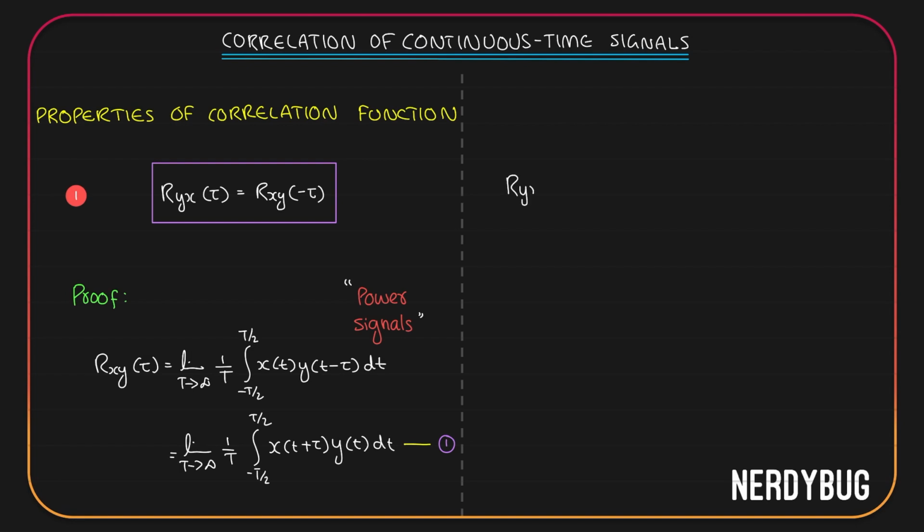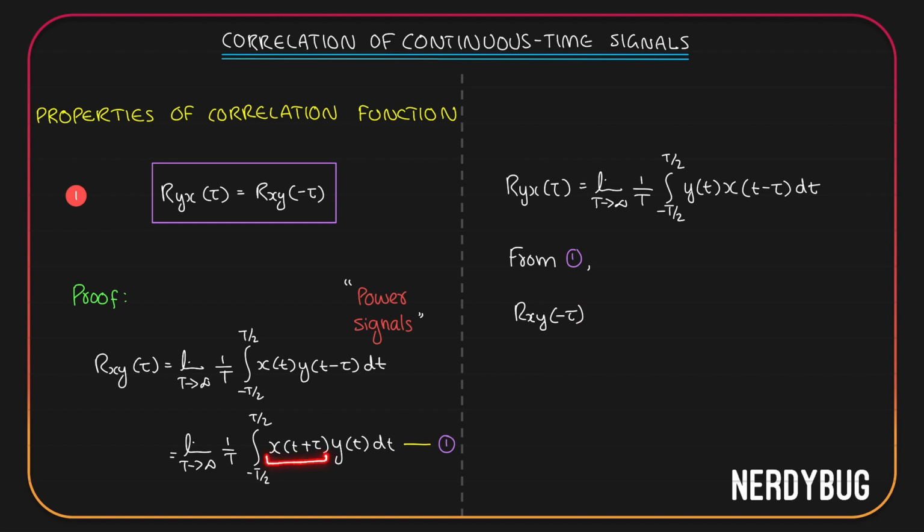Now we can write r yx of tau. It will be limit t tends to infinity 1 by t integral from minus t by 2 to t by 2 y of t x of t minus tau dt. Now from the first equation, if I want to write r xy of minus tau, the only thing that changes is x of t plus tau will now become x of t minus tau.